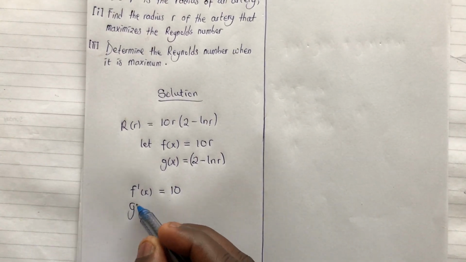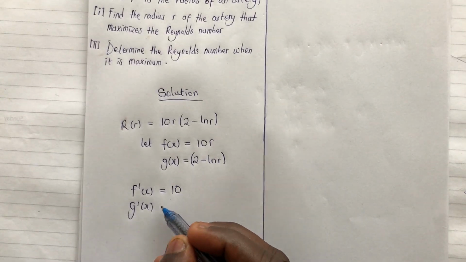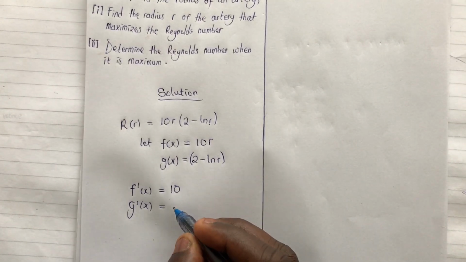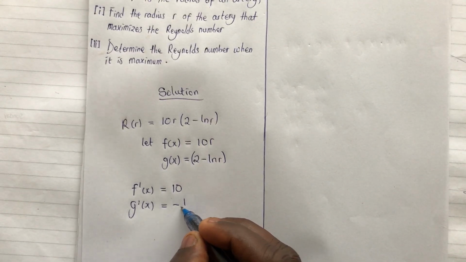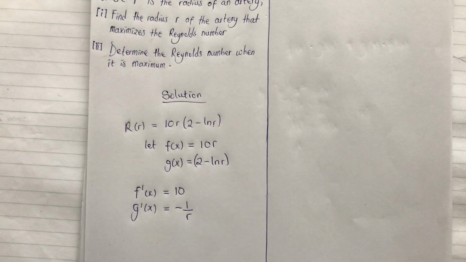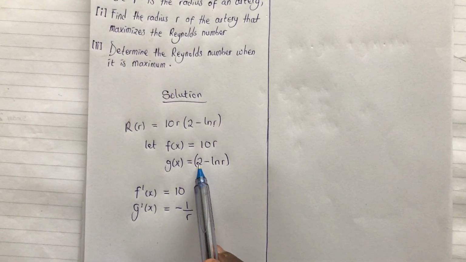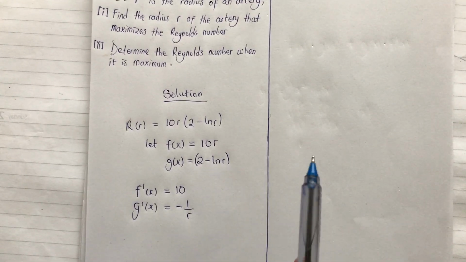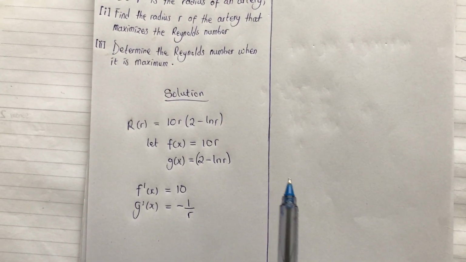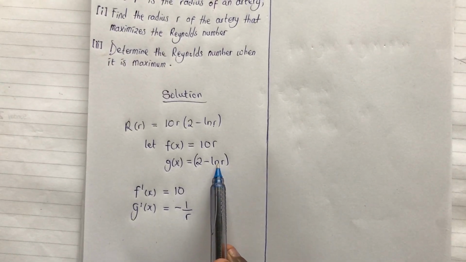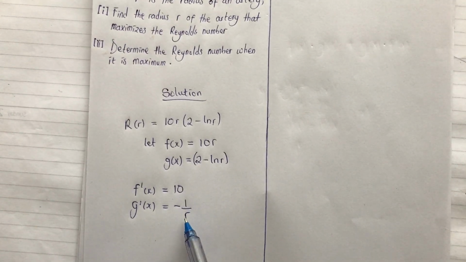Now let's differentiate the second function, which is g of x. So we have g bar of x will give us minus 1 over r. Now why am I saying that? The differential of a constant here is always 0. Put that in mind. Most of you are aware of this. And then the differential of ln r is 1 over r.